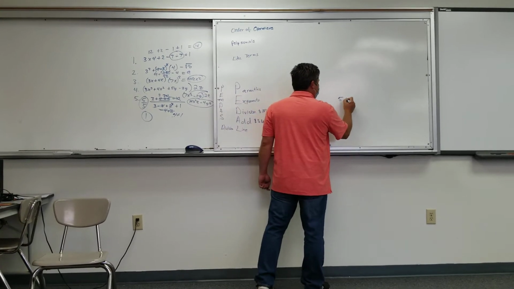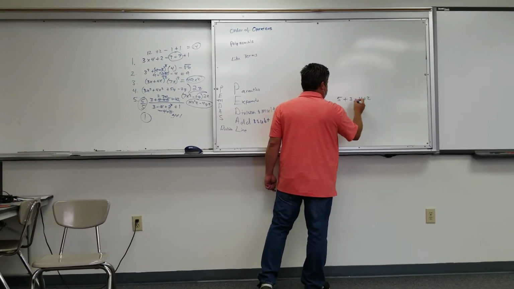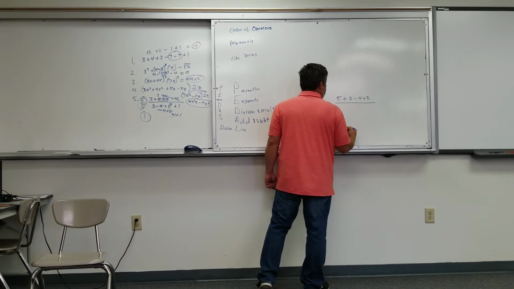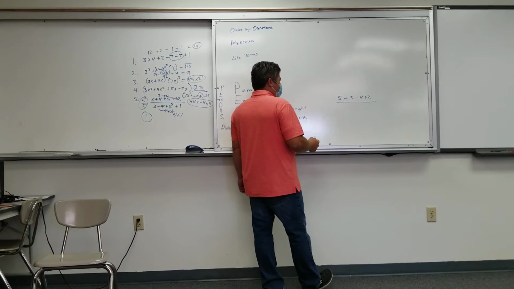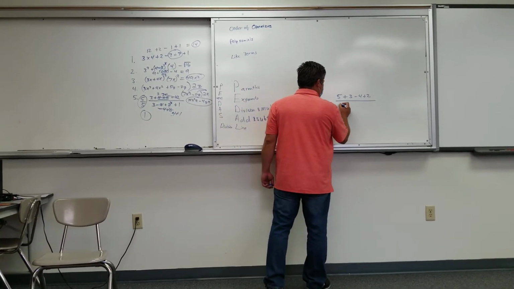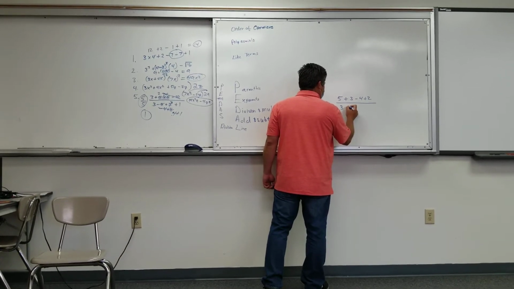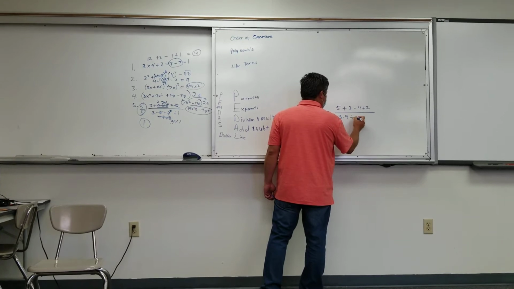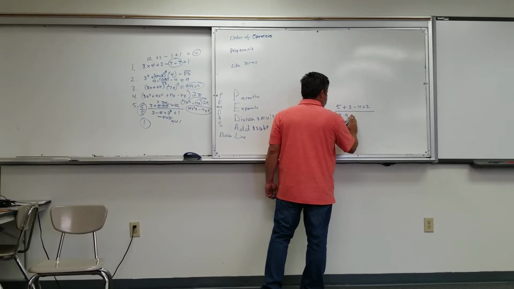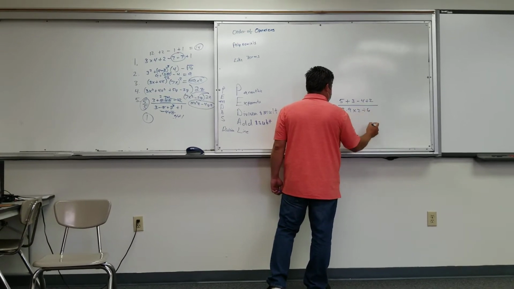Let's say I had 5 plus 3 minus 4 plus 2 all over 3 times 9 times 2 divided by 6.